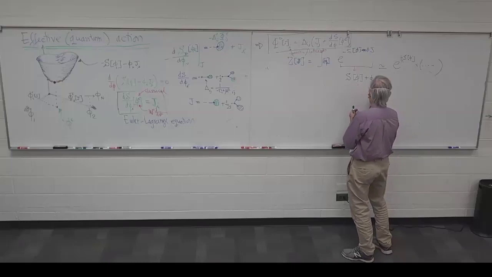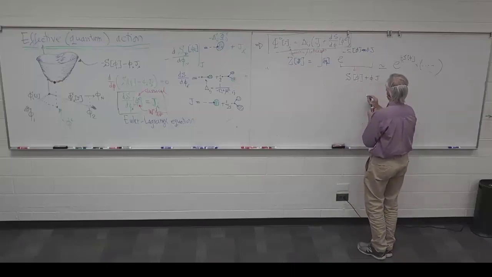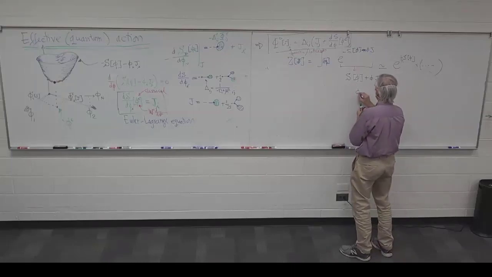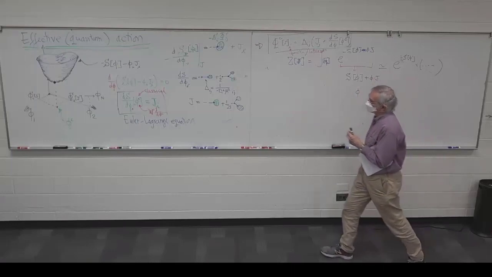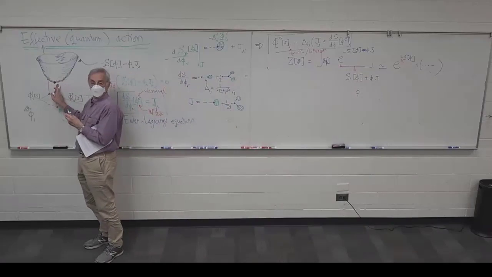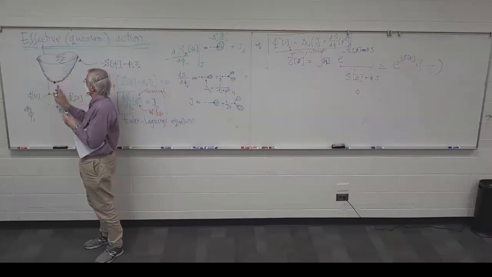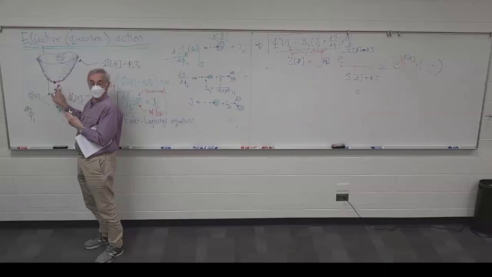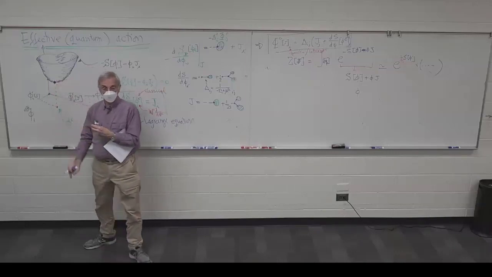We can expand this by saying, if I have small quantum effects, everything is concentrated around the classical thing. So let me just say the original fluctuating quantum field, I'll write as the classical one plus a small variation.